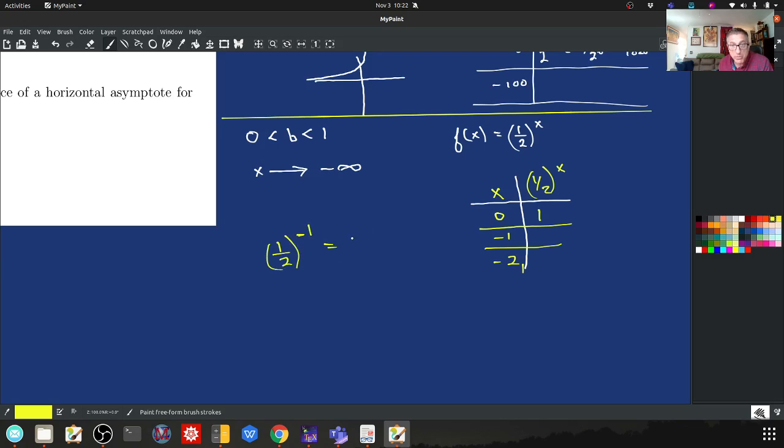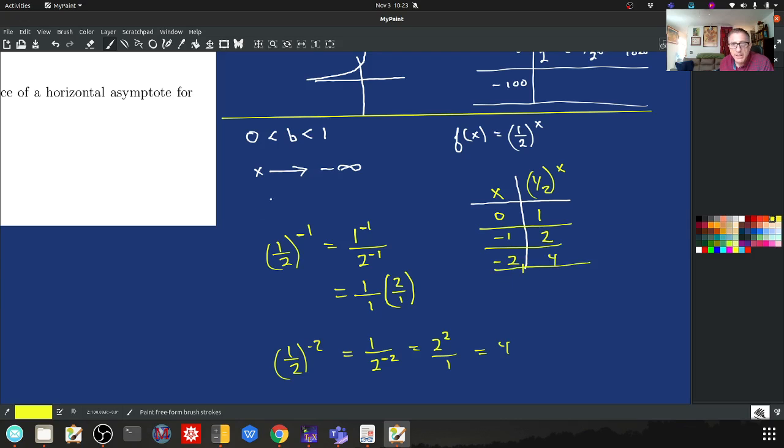Using our exponent rules, that's 1 raised to the minus 1 over 2 raised to the minus 1. 1 raised to the minus 1 is 1 over 1, which is 1, and 2 raised to the minus 1 is 1 over 2, so that's 2. Now 1/2 raised to the minus 2 is 1 over 2 raised to the minus 2, which is 2 squared over 1, which is 4.